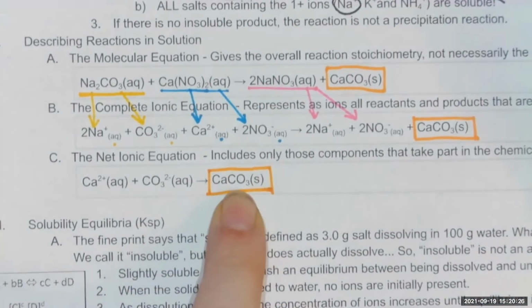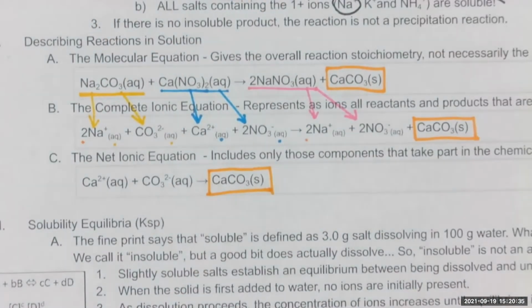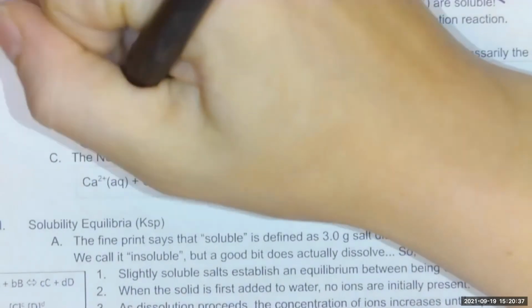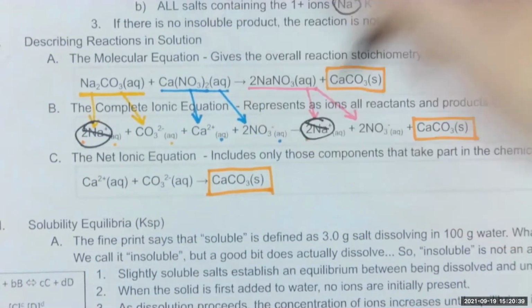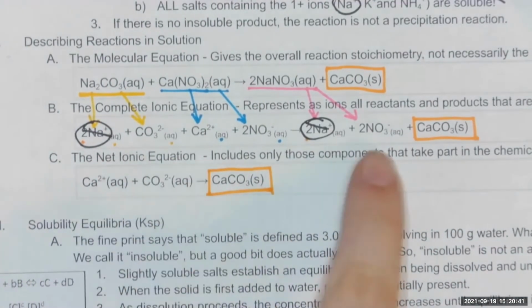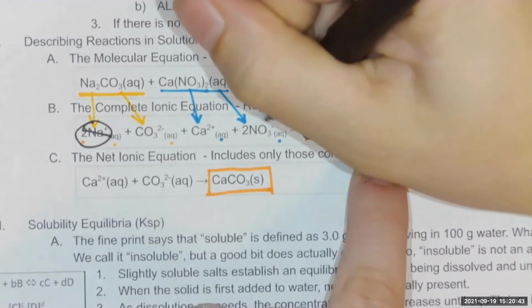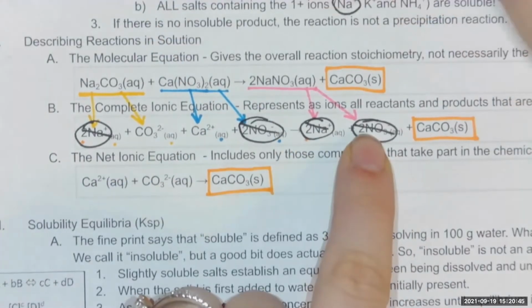Because that's the cool part. Nobody cares that there were 2 Na+ that went in and 2 Na+ that went out. You did nothing. And also these nitrates did nothing. They just went in and came out.